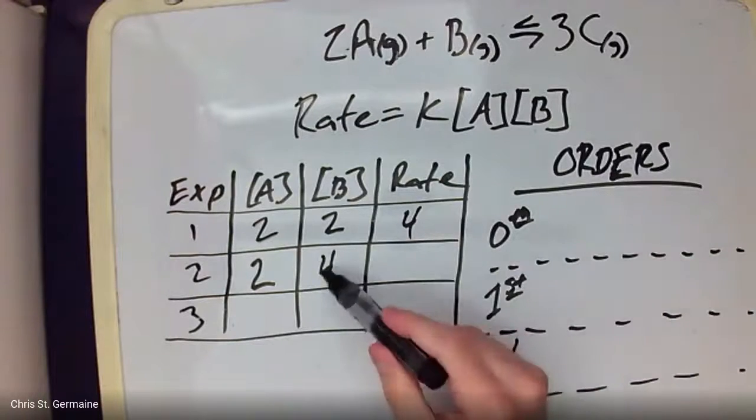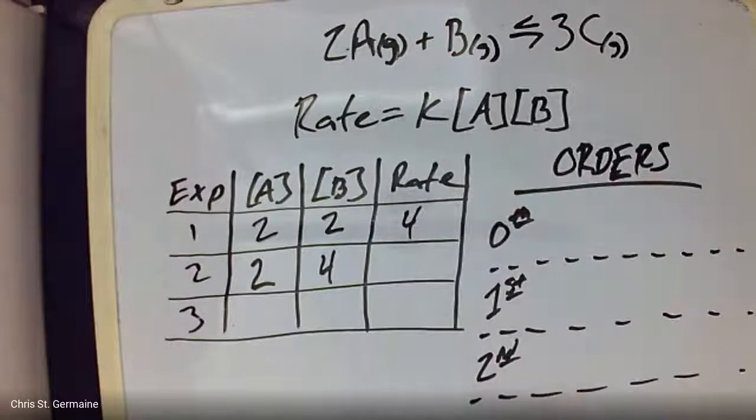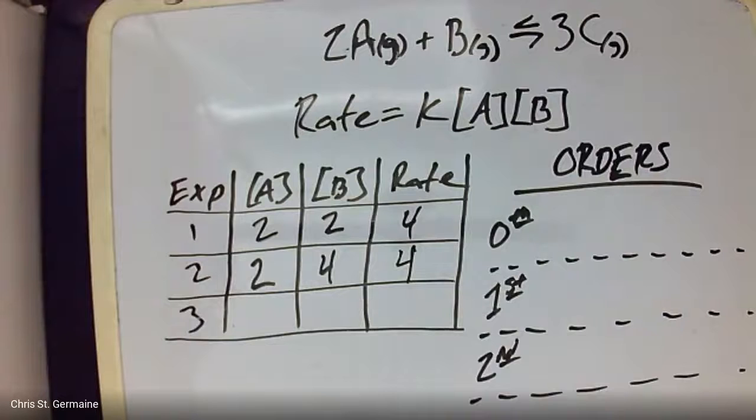It stays the same. So if B is 0th order, that means you're multiplying your rate by 1. So in this case, this would be an example of a 0th order reactant.